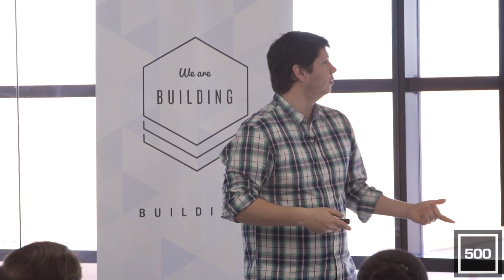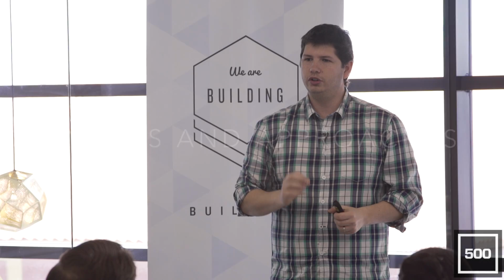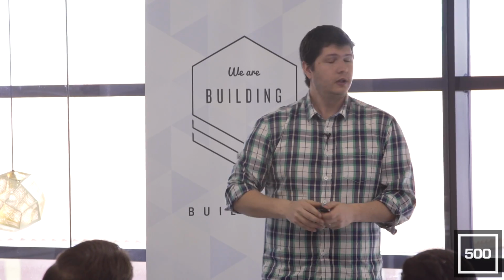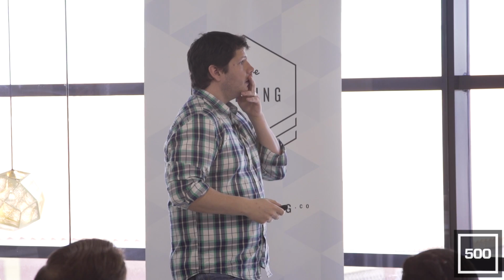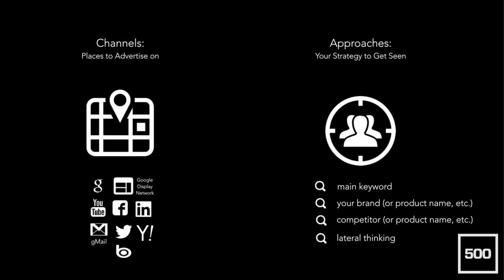So what I try to do is to mix channels and approaches so you can get real data on how much a customer costs you at scale. So what I do is I mix the channels where I can put ads, Google Display Network, YouTube, Facebook, LinkedIn, Gmail, Twitter, Yahoo, Bing, Taboola, Outbrain, or whatever.